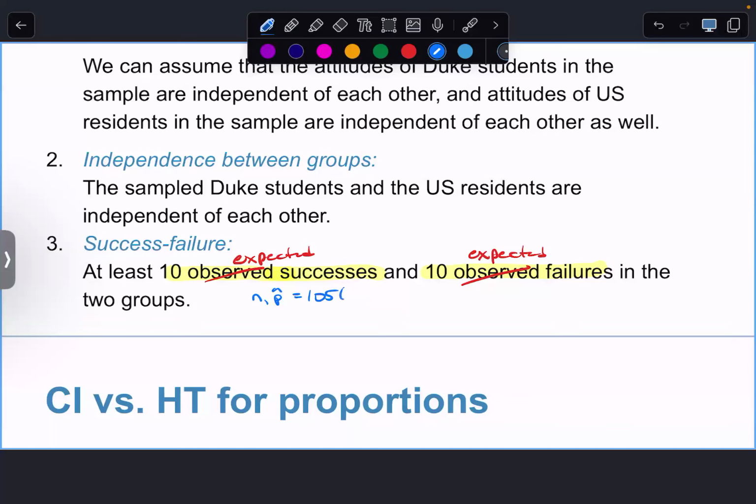N1 105 times 0.666. Well, I'll be lazy and I'll just say it's greater than or equal to 10. I know it is, right? Half of 105-ish. N1 times Q hat is also greater than or equal to 10. N2 times P hat, which is 680 times 0.666. N2 times Q hat. All of these are greater than or equal to 10.